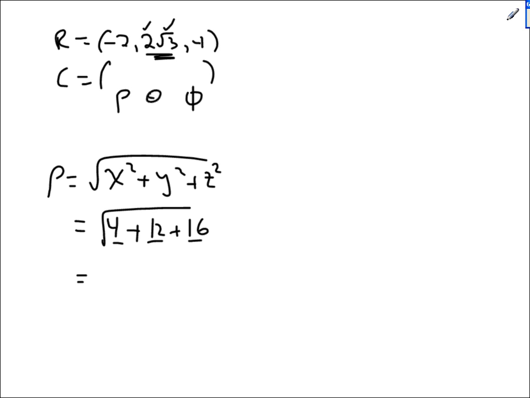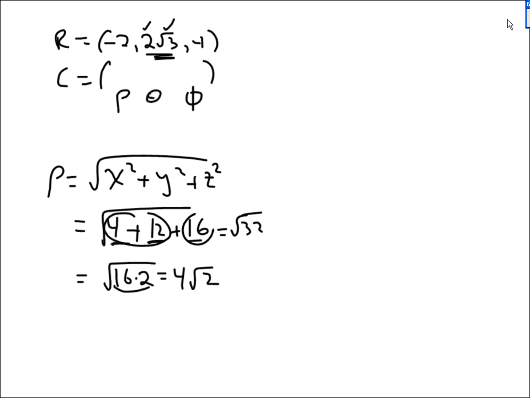I know the square root of 16, but I do not know the square root of 2. If you say the square root of 32, then you have to break down 32. The answer is 16 times 2. But you had that: 16, plus another 16, that's 2 16s. Nonetheless, rho is 4 square root of 2.